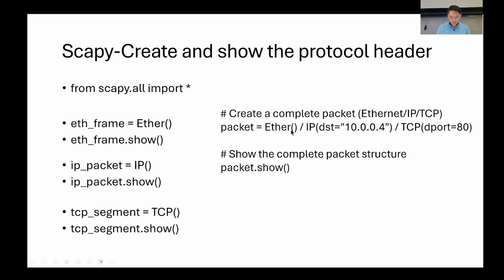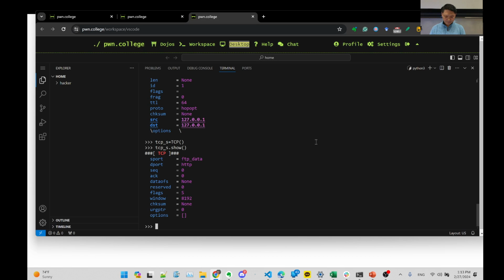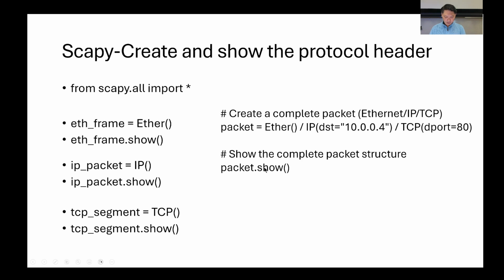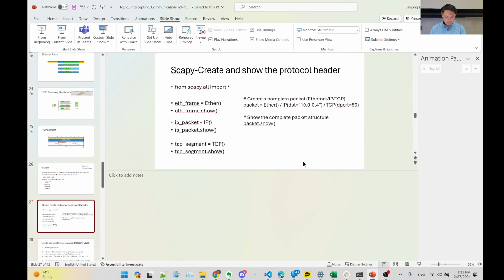This is a sample of creating a packet: Ethernet slash IP slash TCP. So that's the real order of the protocol stack, right? TCP/IP layers from Ether, IP, and TCP. So we can make this packet. Let's try, and packet show.